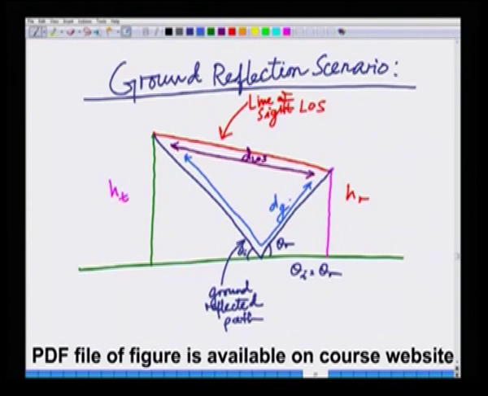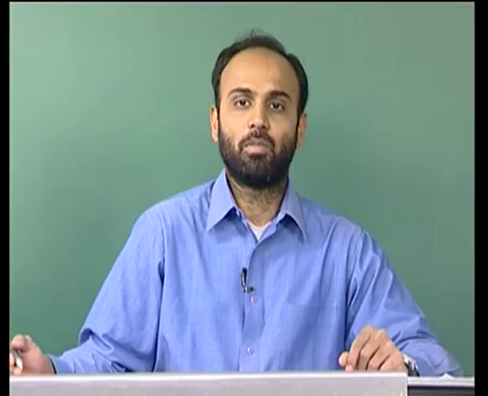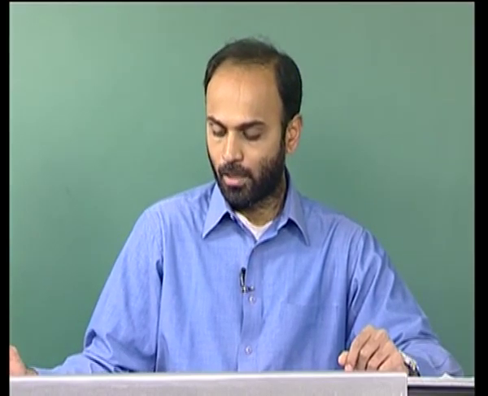You can see that both these distances are different. And ht is the height of the transmitter, let us say the height of the base station in our cellular system, and hr is the height of the receiver, that is, the height of the person who is talking, or maybe if he is on a building, the height of the building, and so on.